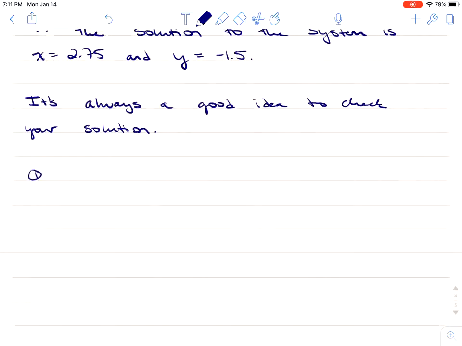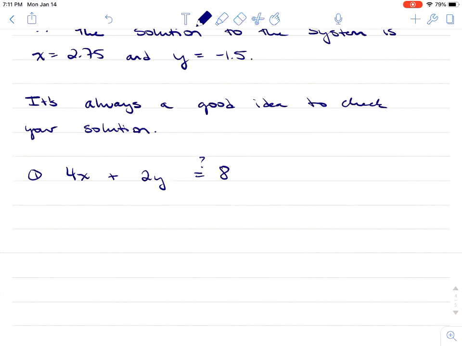So remember, equation 1 was 4x plus 2y equal to 8. So what I want to know is, when I plug in this x and y, does it equal 8? So I'm going to put a little question mark above the equal sign, because I'm just making sure that that's true.